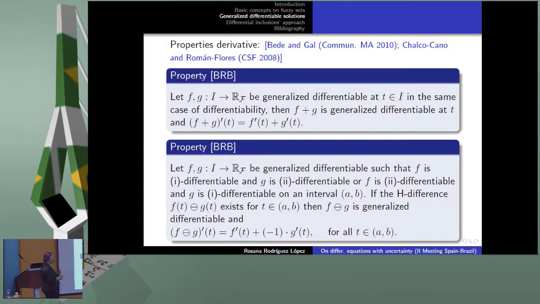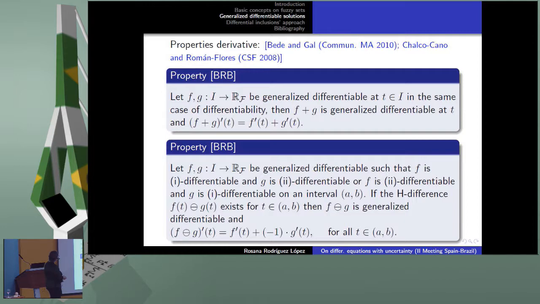If you think about the algebra of the derivatives, how you can operate with differentiable functions under these concepts defined, the addition of two fuzzy functions, for example, if they are differentiable with the same case, it is easy to prove that the addition is also differentiable from the same point of view. This is a result proved by Bede, Rudas, and Bencsik in 2005.